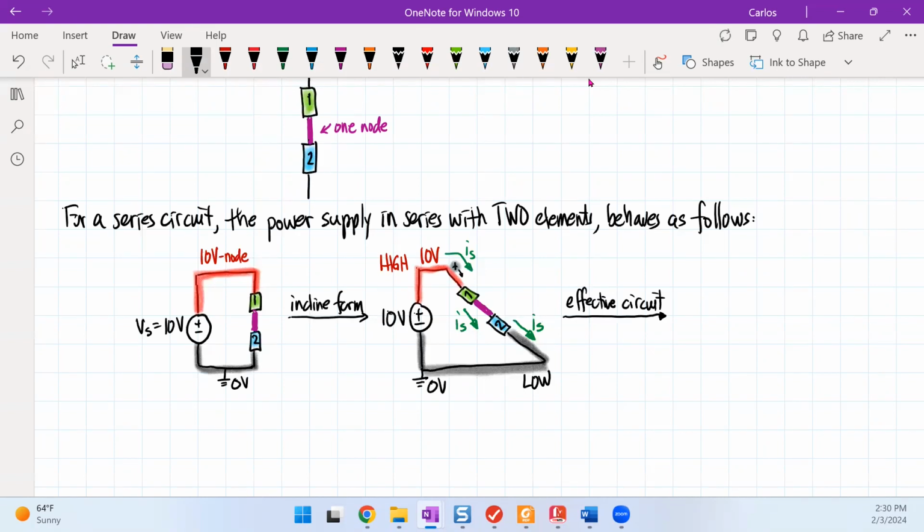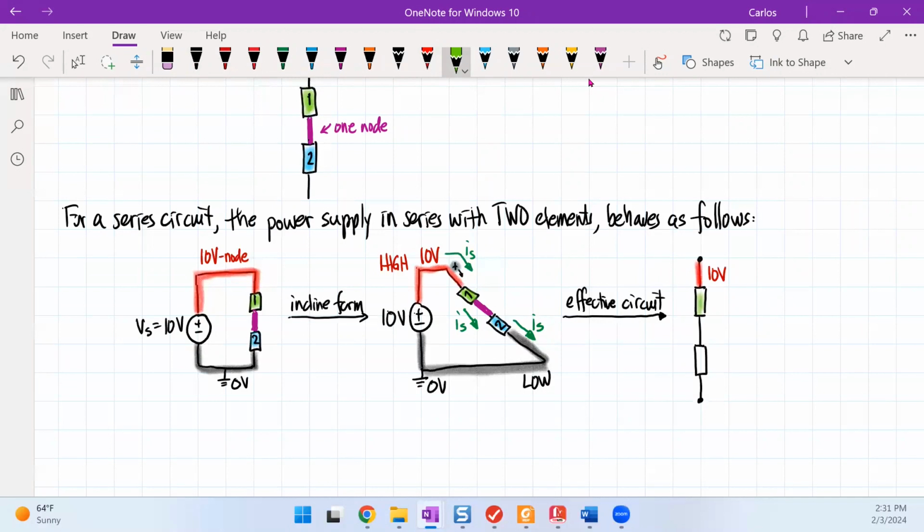Since the incline sets up an electrical height here, what we're seeing is that this line right here is still my 10-volt equipotential.